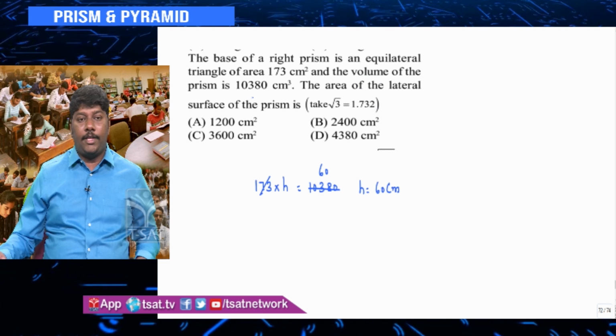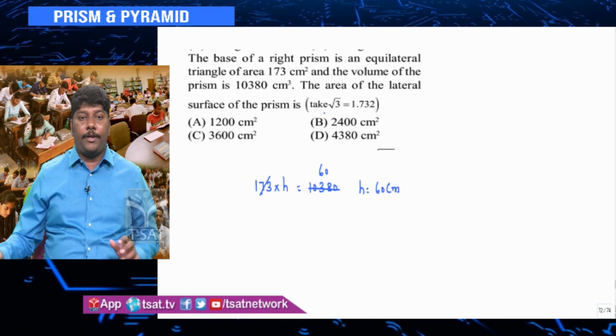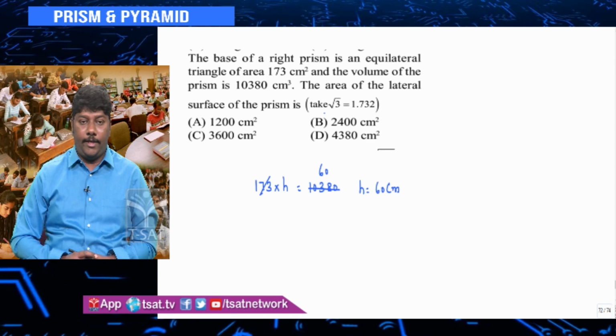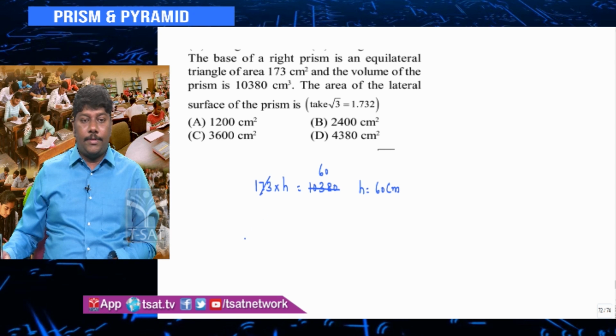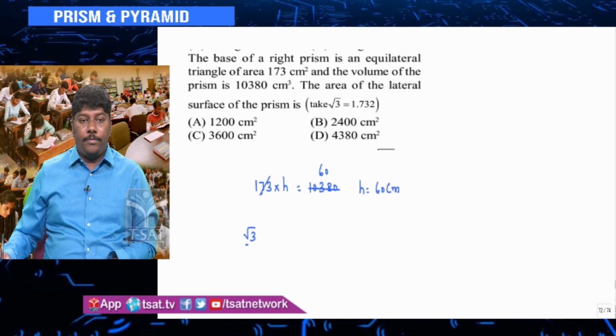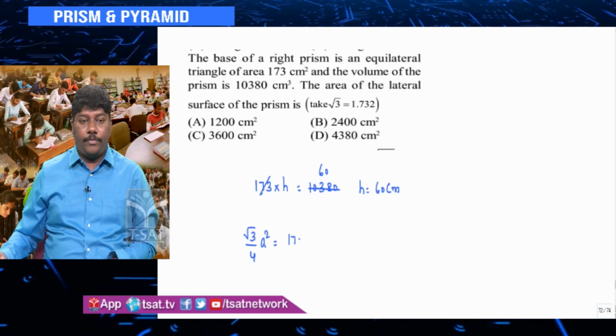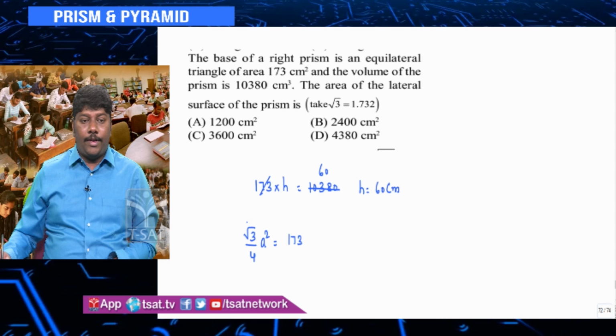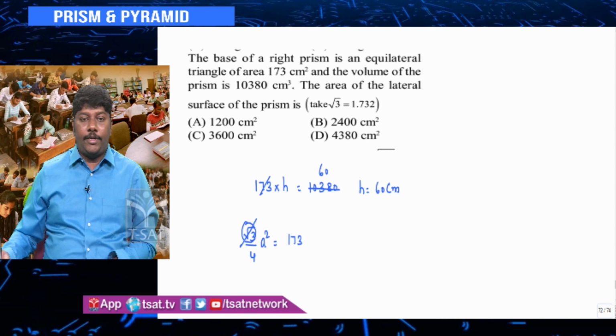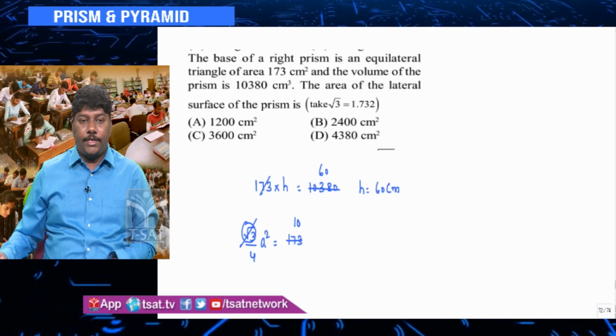You just need to find out the lateral surface of the prism. First, you need to find out the perimeter of this equilateral triangle. Equilateral triangle area is √3 by 4 a square is equal to 173. Assume that it is 1.73, cancel 1.73, 1s are 1.73, 100s are.